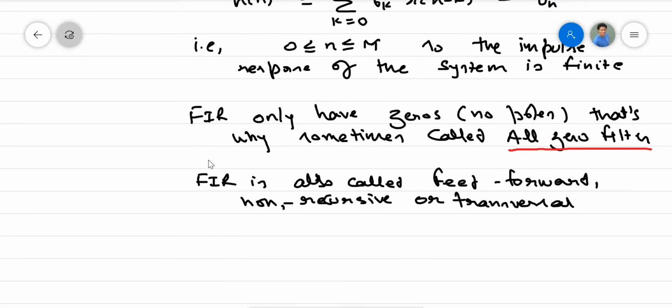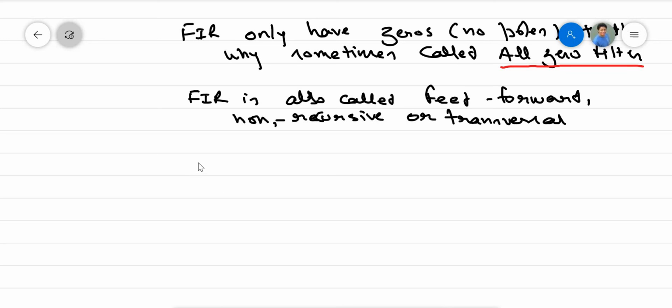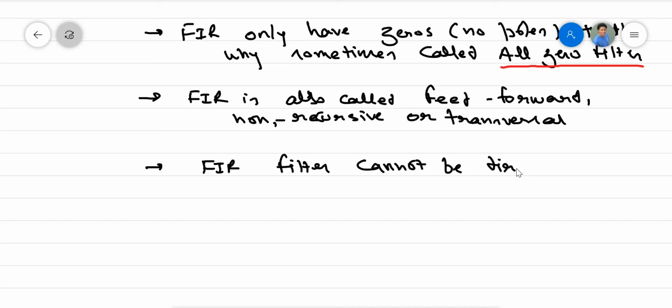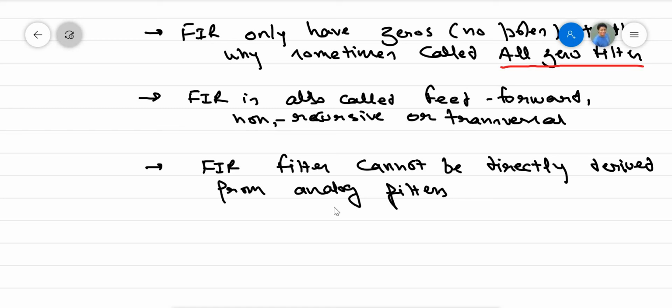Another important property of a FIR filter is that a FIR filter cannot be directly derived from analog filters. Now we have actually seen this particular example in lecture number 8 when we used an RC filter as LPF.